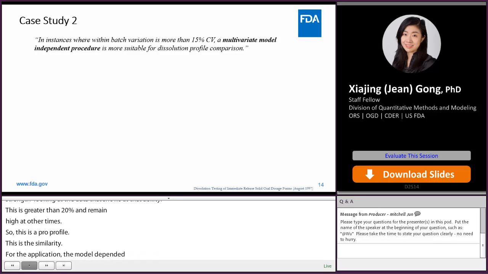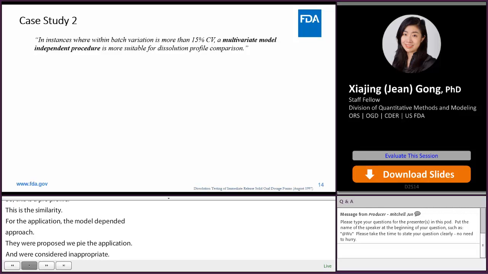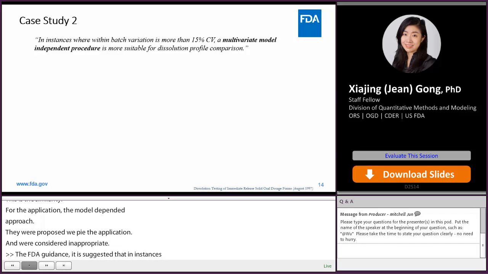In the FDA dissolution guidance, it is suggested that in instances where within batch variation is more than 15% CV, which is the case in this application, a multivariate model-independent procedure is more suitable for dissolution profile comparison. As a result, the multivariate model-independent approach, the MSD method, was then applied.